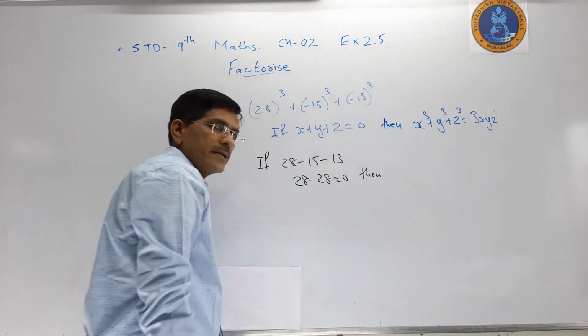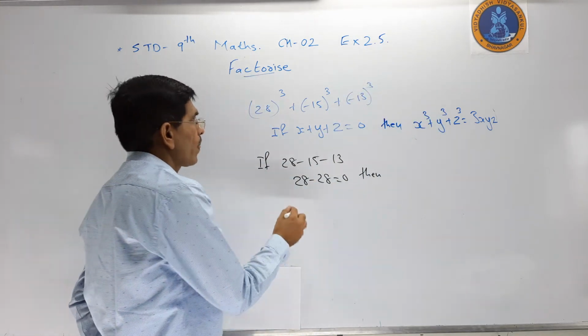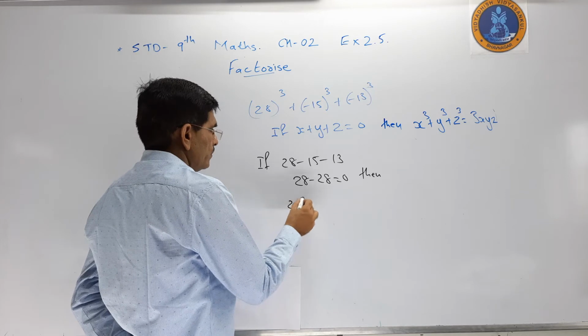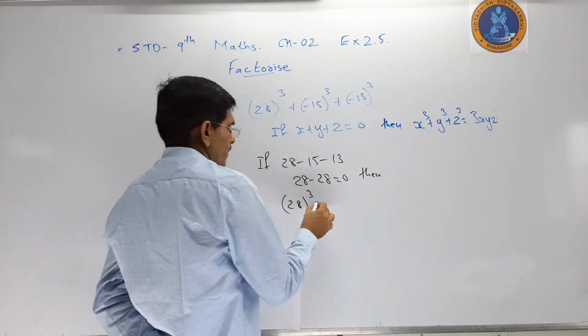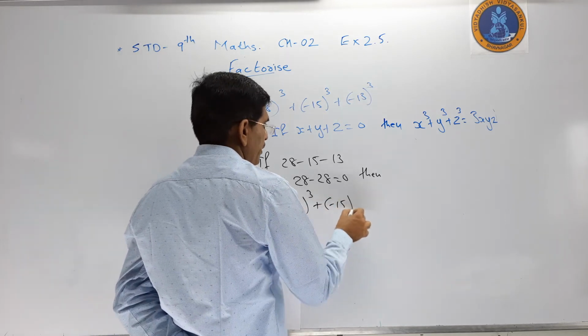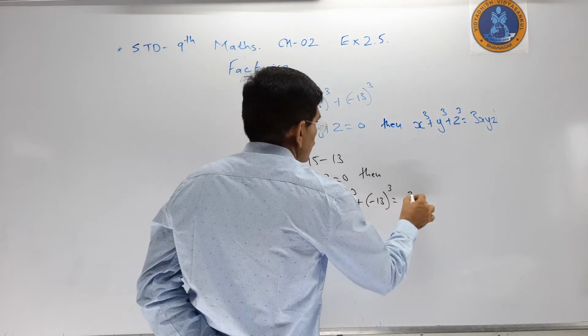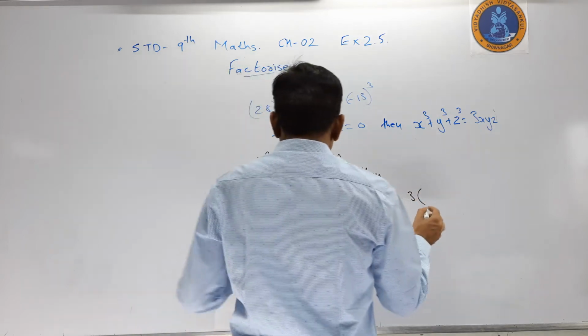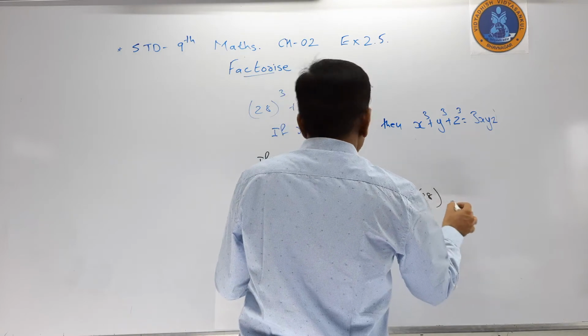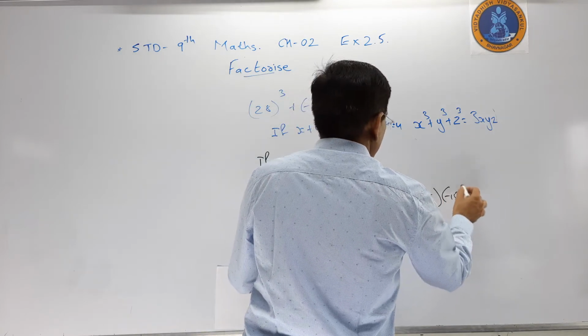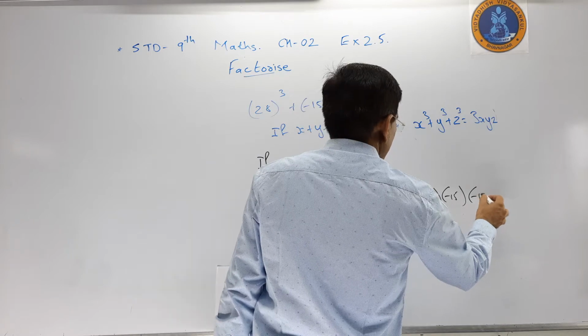Then we have to put it here. That is 28 cube plus minus 15 cube minus 13 cube is equal to 3 into x, that is 28, y, that is minus 15, and z, that is minus 13.